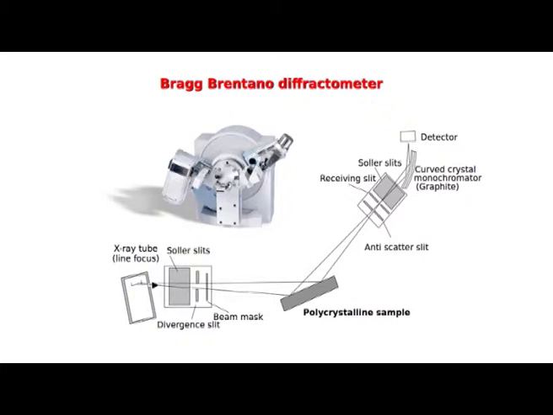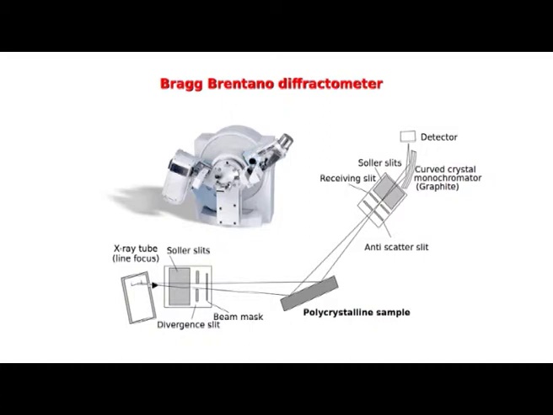So, the source also rotates and the detector will also simultaneously rotate. This concept can be very clearly seen in the image. So, you have the theta and the 2 theta, which is clearly understood from that angle. And then the XRD spectrum will come as a function of the 2 theta or the Bragg angle.